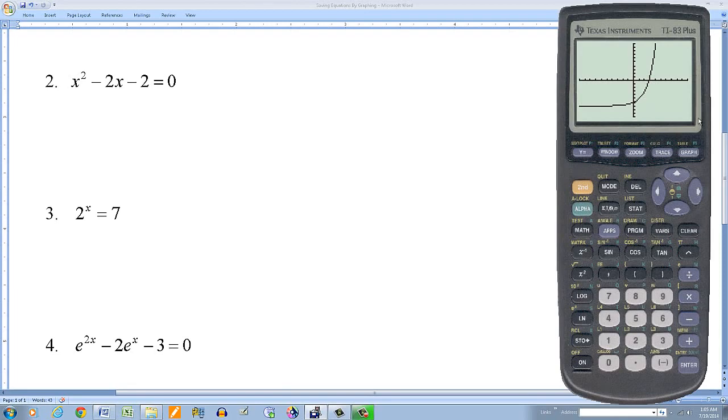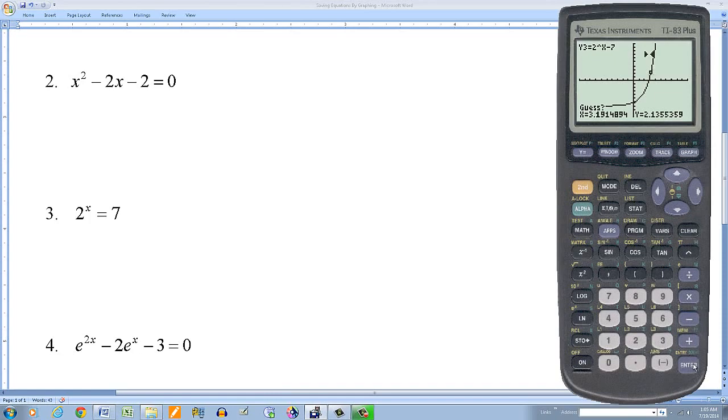So again, if I try to use the table, it's not going to be an integer solution. So just to save some time, I'm going to use the same method here. Go to second, calculate, hit 2, and then left bound, so go to the left, just slightly to the left of that, hit enter, and then past it, right bound, right there, hit enter.